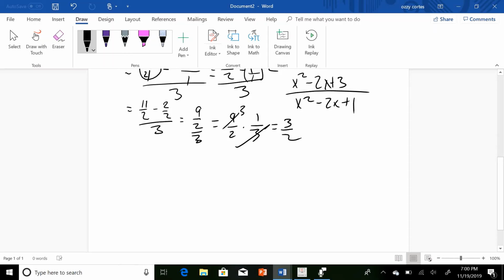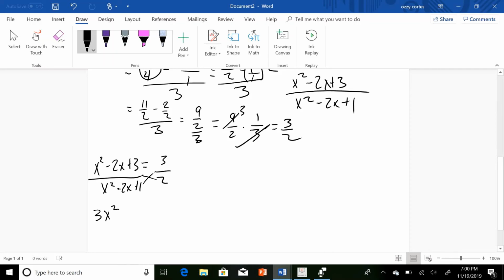So since we have our f prime and the f of b minus f of a, we can set them equal to each other because that's what the mean value theorem tells us. So now we have x squared minus 2x plus 3 over x squared minus 2x plus 1 is equal to 3 over 2. So here we would solve for x by cross multiplying.